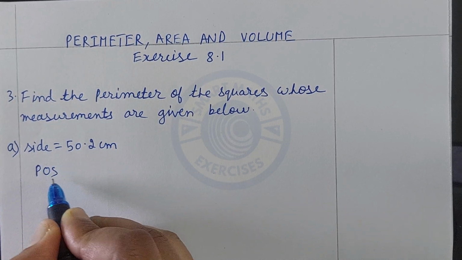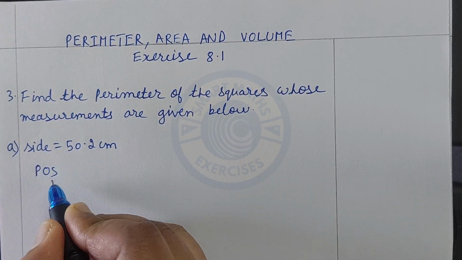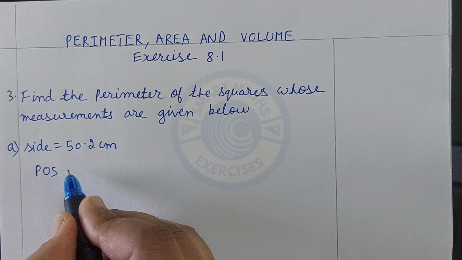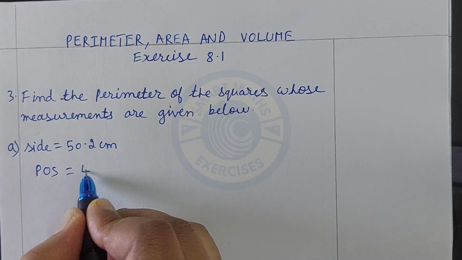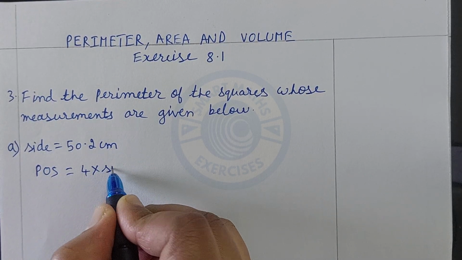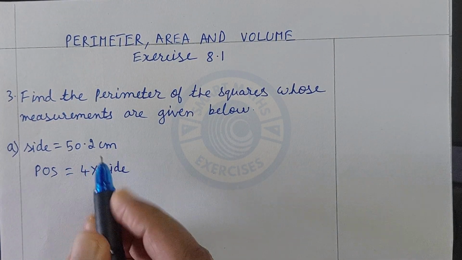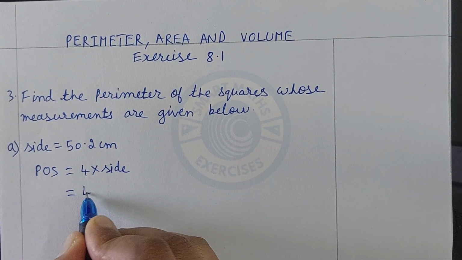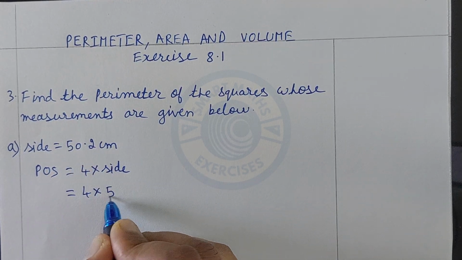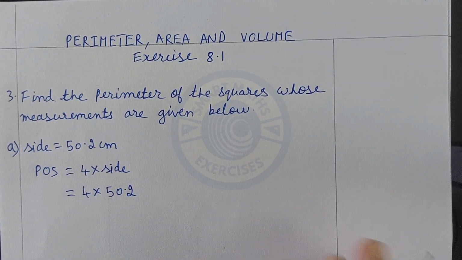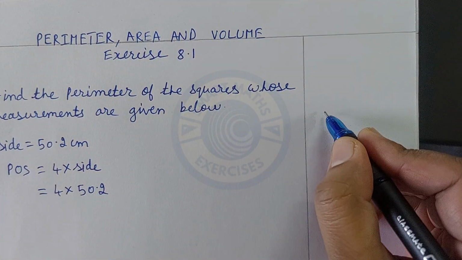To find out perimeter of square, formula is 4 into sides. Side is already given here. So 4 into 50.2. Multiply 4 into 50.2.